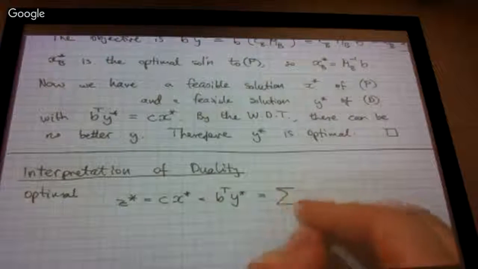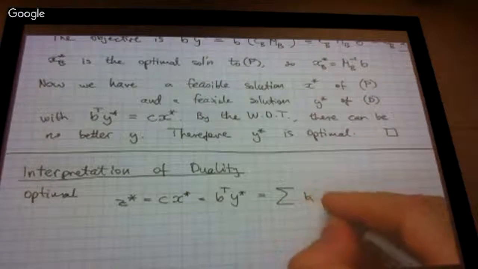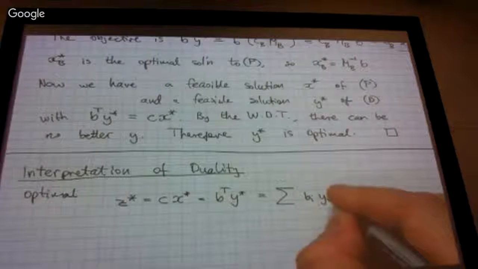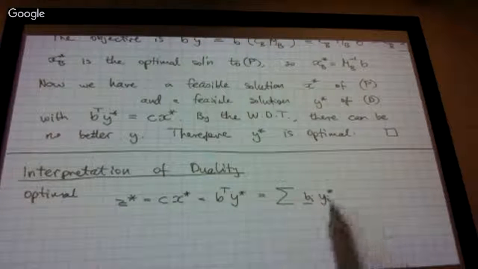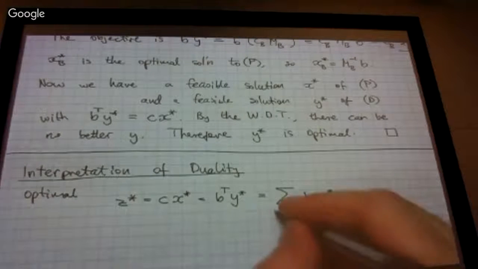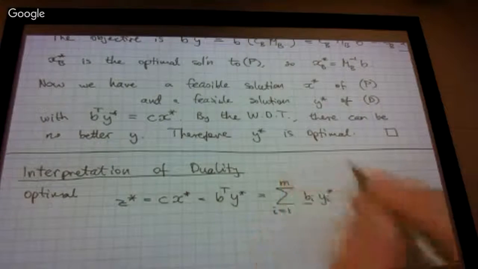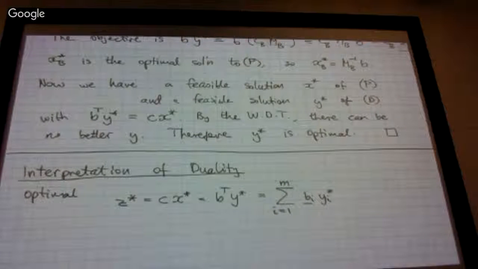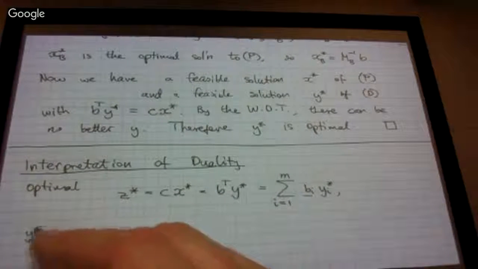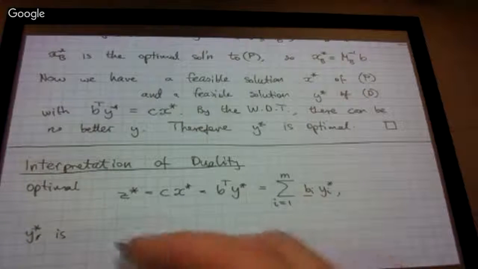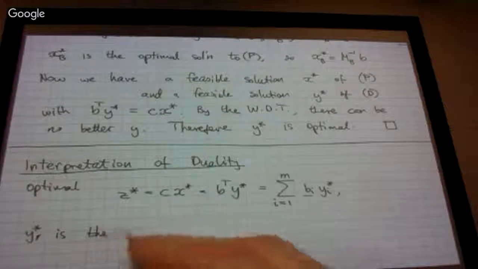And this we can just rewrite as the individual right-hand sides BI times the individual variables, summed over all the i's. Okay, so that's the inner product of two vectors. So y star is the optimal dual solution.